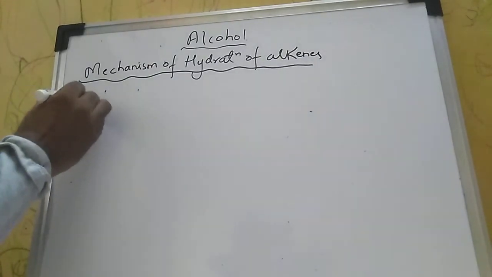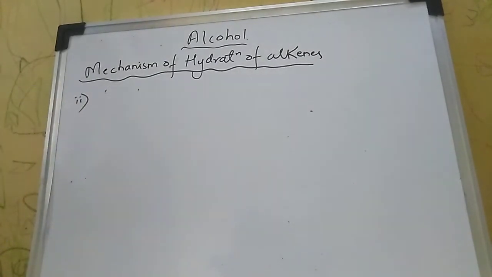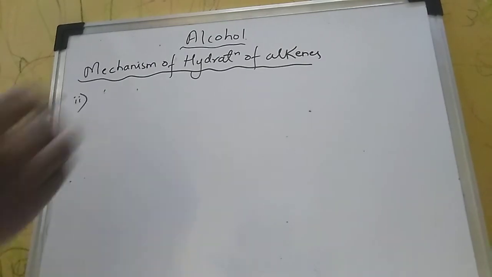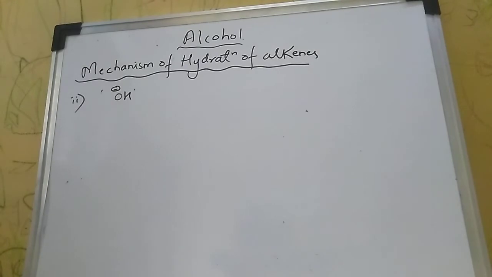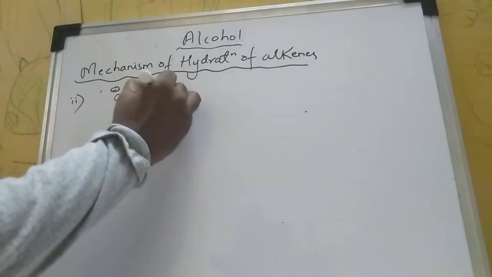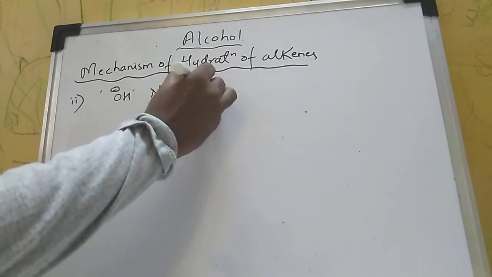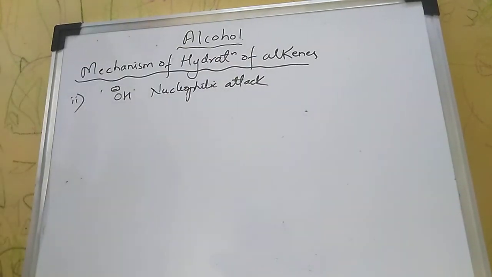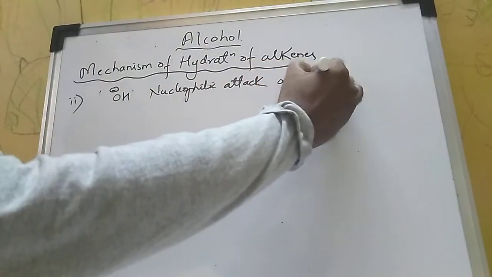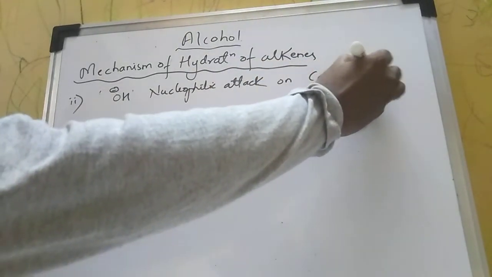Step 2, OH minus, minus means nucleophile. We'll say nucleophilic attack on positive charge, that is carbocation.